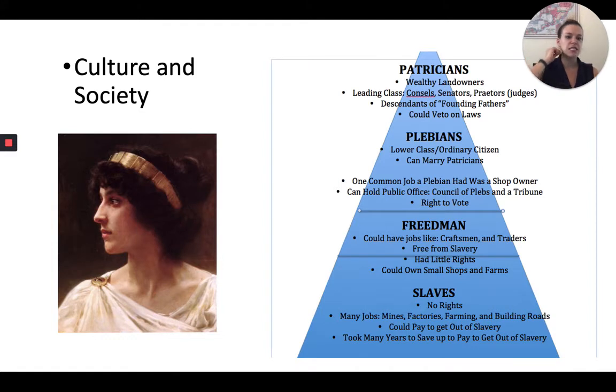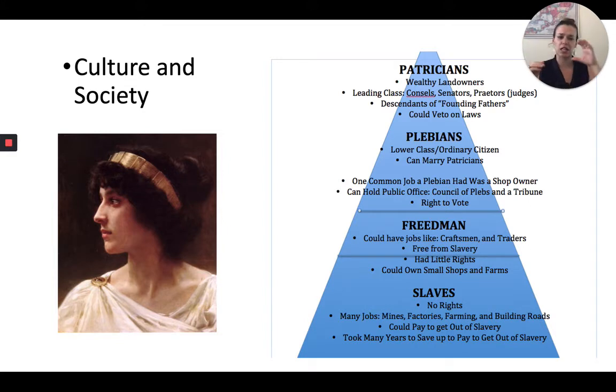This is foundational, right? It was very common to have multiple clients, right? Certain people were considered to be really good patrons. Families and individuals were tied together through the patron-client relationships. And this institutionalized inequality, right?